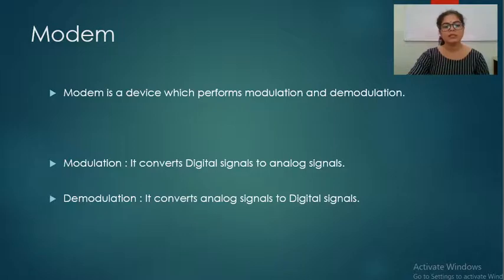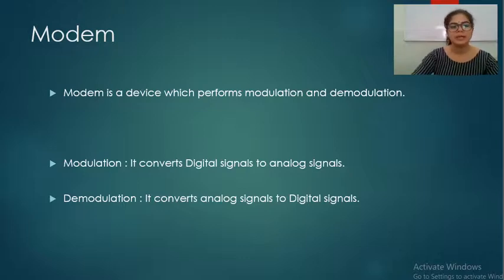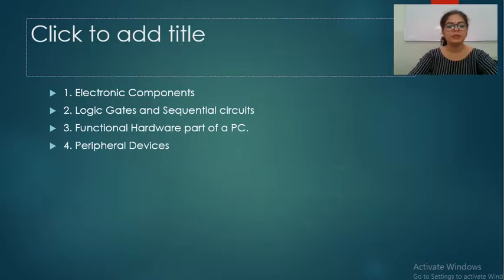With this, students, we have finished the 4th unit of CS2 as well as the syllabus of CS2. I just want to give you a brief intro about all the units of CS2.